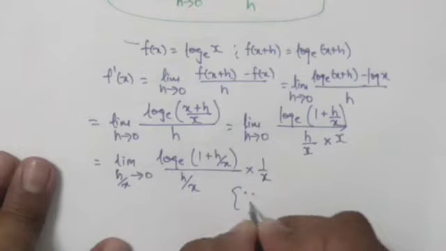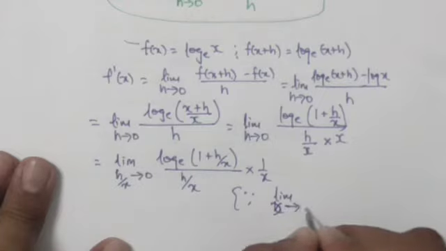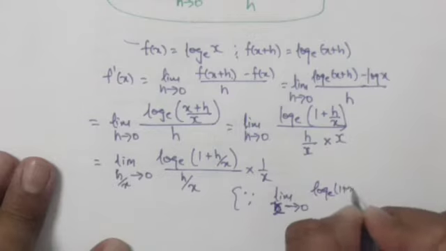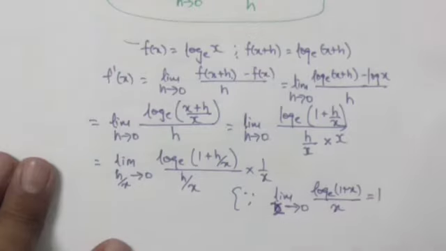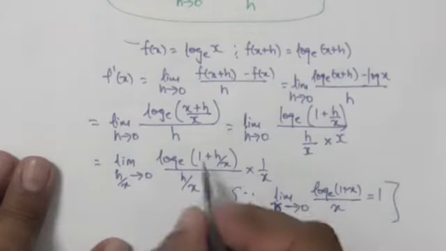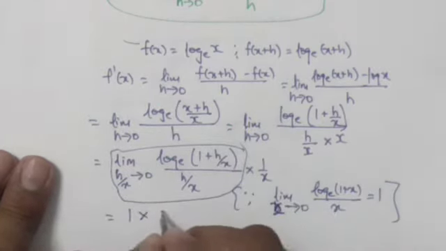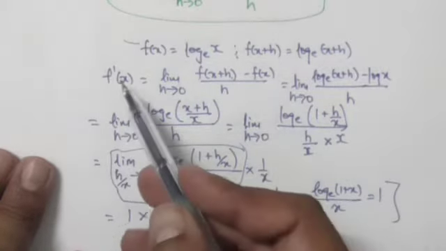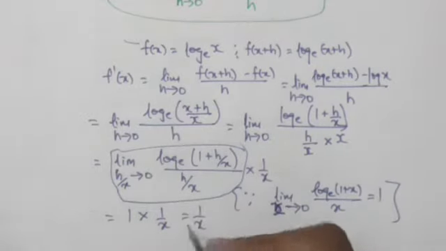There is a formula that limit x tends to 0 log(1 + x) upon x is equal to 1, right? So this term will be equal to 1. So it will be 1 into 1 upon x, which is equal to 1 upon x, right? So the differentiation of log x with respect to x is 1 upon x.